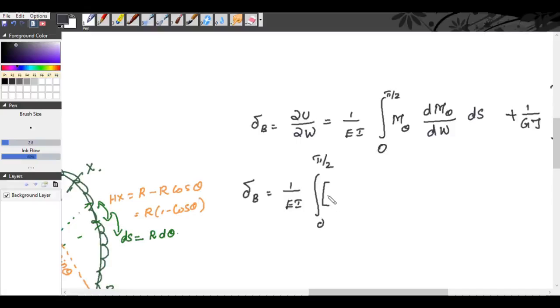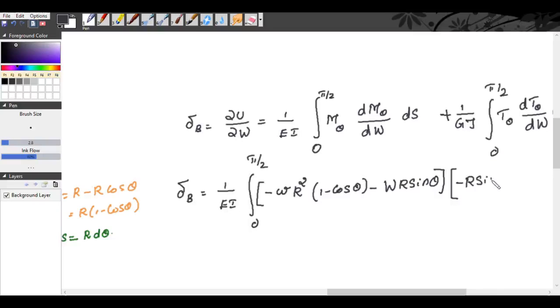So we get minus WR square into 1 minus cos theta minus WR sin theta into dM theta by dW, which is minus r sin theta.